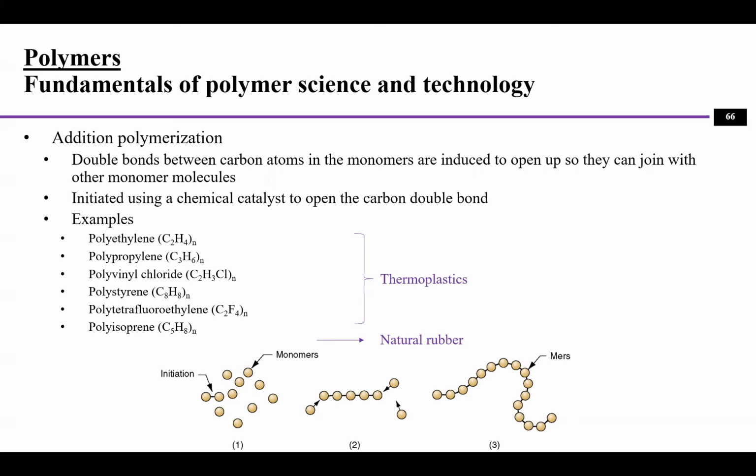So with one mer, we call it a monomer. But with polymers, all these monomers are connected to each other, forming a long chain or a certain pattern. And that process of forming the long chain or certain pattern, we call it polymerization, right?